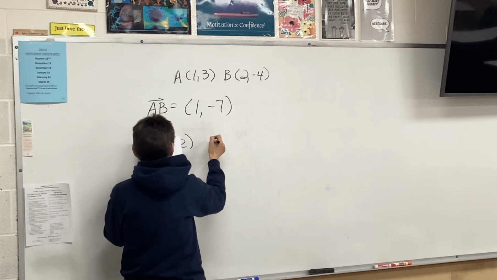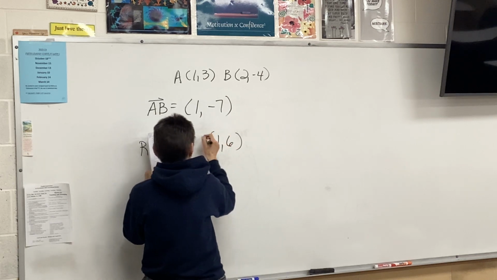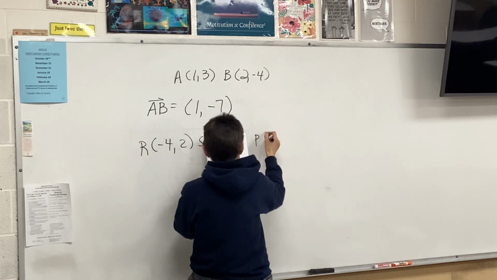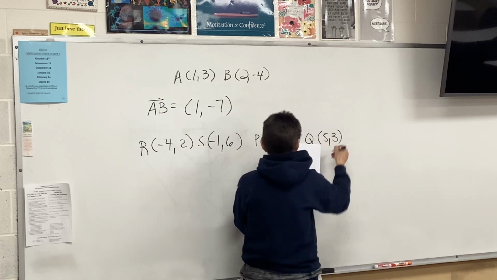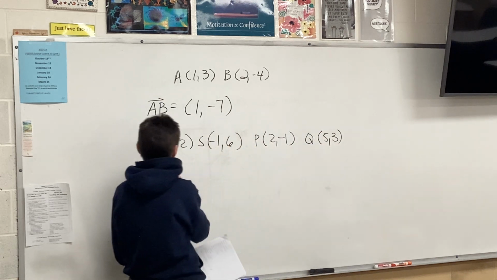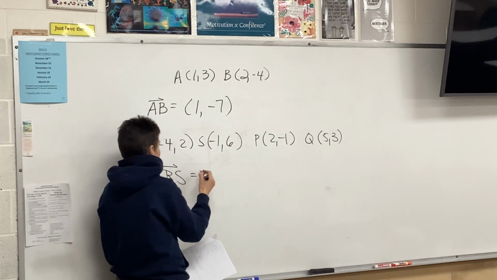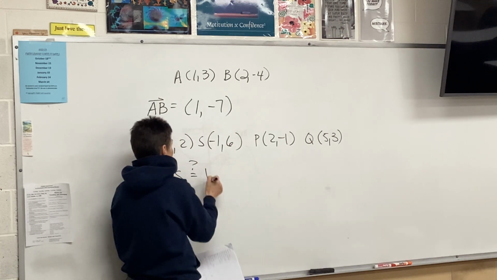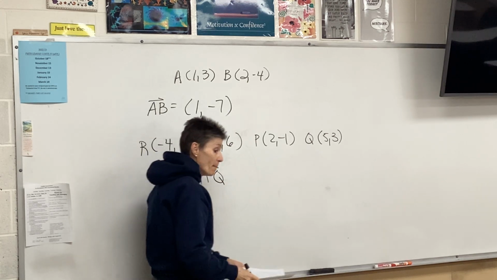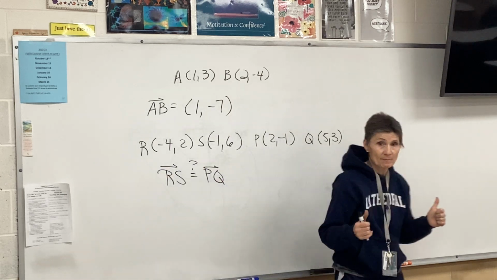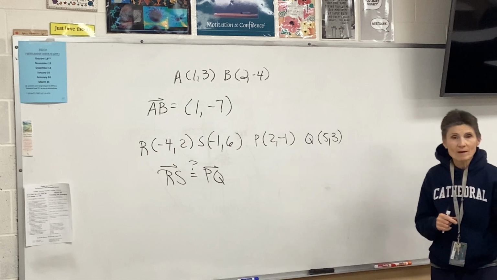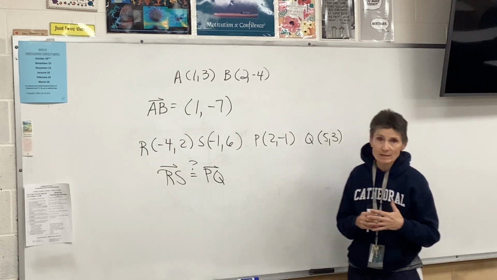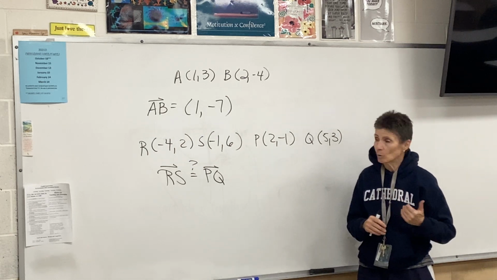All right, now we've got a bunch of points. And we're doing something. We're going to determine if RS is equal to PQ. Now remember, if they're equal, they have the same magnitude, same direction. So in other words, they're going to have exactly the same coordinates. If 2 vectors are equivalent or if 2 vectors are equal, they're going to have exactly the same coordinates.